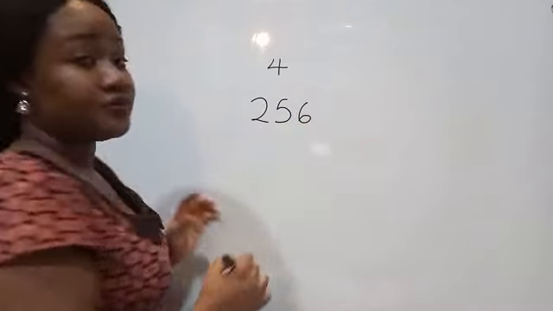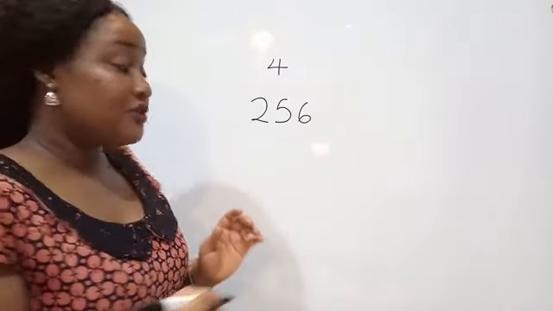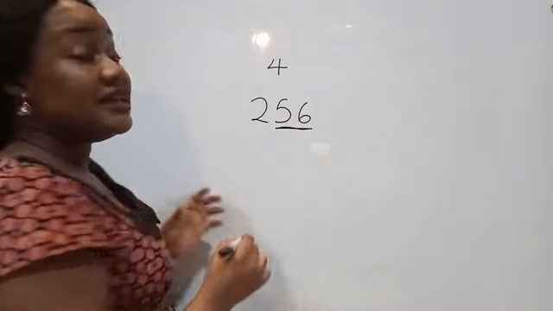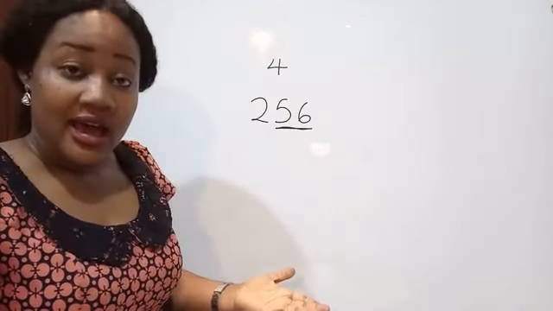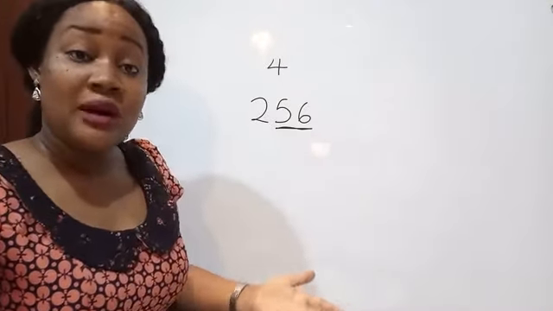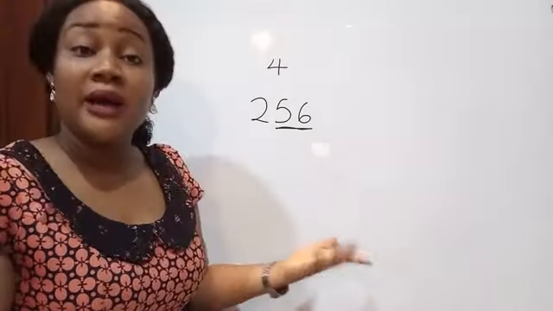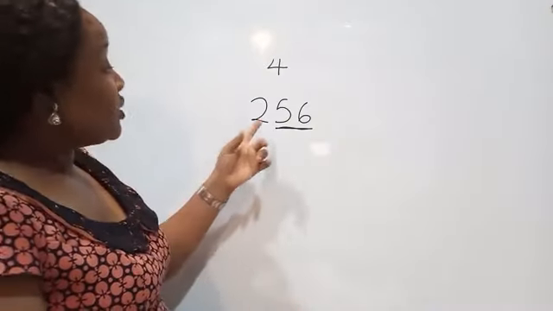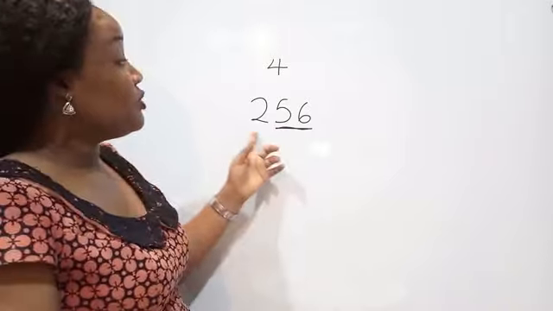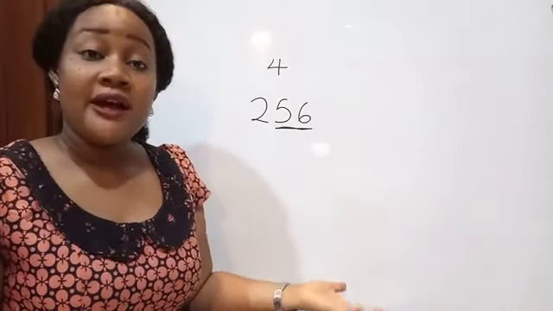All you have to do is look at the last 2 digits of the number. If they are divisible by 4, then the whole number is divisible by 4. Let's say we have 256. We look at the last 2 digits, 56, which is actually divisible by 4. So it means that 256 is divisible by 4.